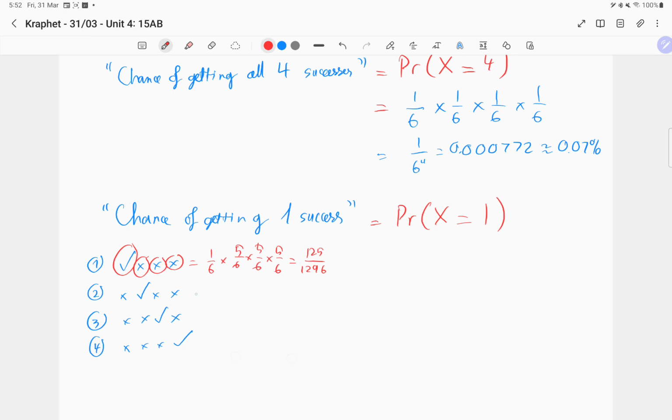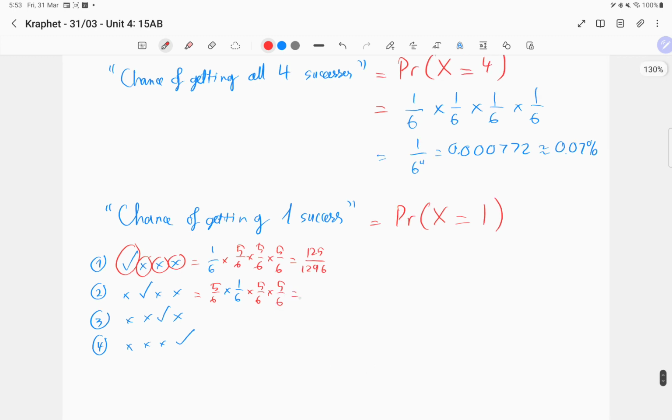So what's the chance of scenario number 2 happening? You lose, and then you win, and then you lose, and then you lose. So it will almost be the same, but not exactly the same, right? Because the first time you will lose, so that's 5 over 6 of the chance that you will lose the first game. And then the second game you win. And then the third game and fourth game, you lose again.